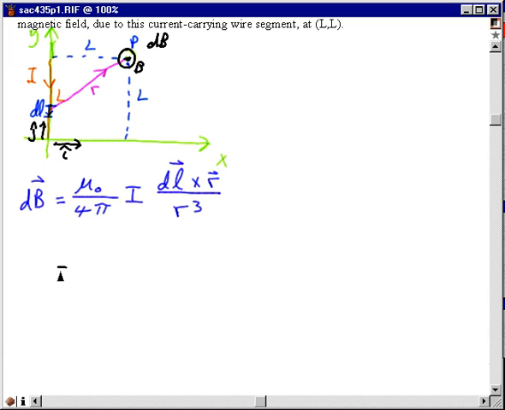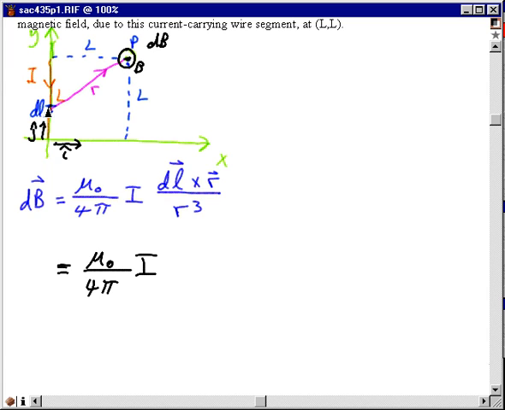We've established the direction, and also if you recognize what we mean by the cross product, it's a measure of the perpendicularity of two vectors. I think we'll keep on going with the black here. This will be dl in this direction times the component of r which is perpendicular to dl.